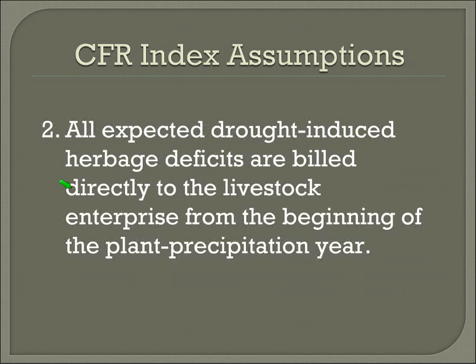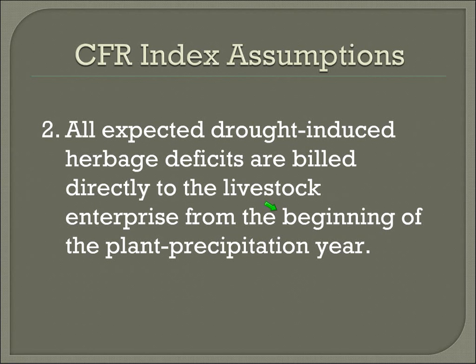But the next assumption is also very important, and that is that all expected drought-induced herbage deficits are billed directly to the livestock enterprise from the beginning of the plant precipitation year. Let me draw your attention to the CFR worksheet and point out that the plant precipitation year in our work area, that's Nebraska, northeast Colorado, and eastern Wyoming, for us begins after killing frost the preceding year in October.